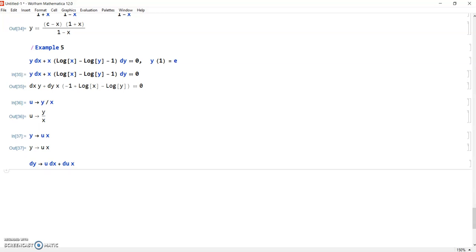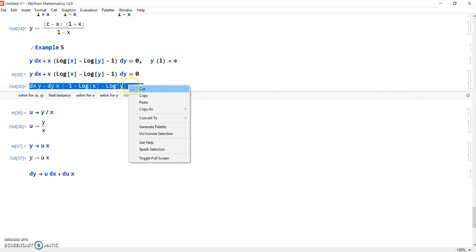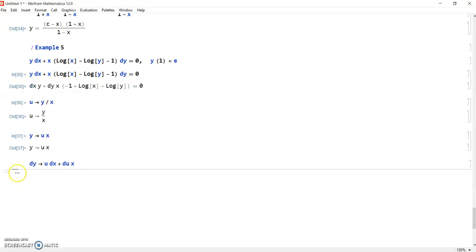Okay, so for the application of this, I will use this equation, and I will copy and paste it over here. And now I want to apply these substitutions. So I need to just replace two values, y with u times x, and dy with u dx plus du x.